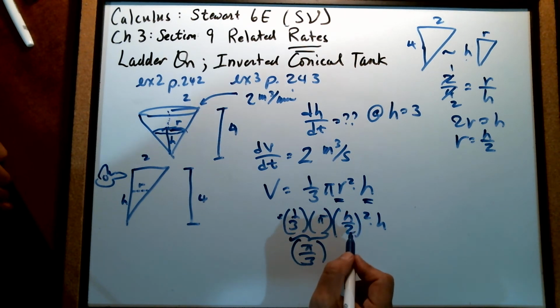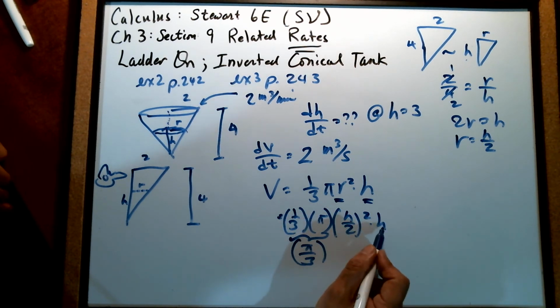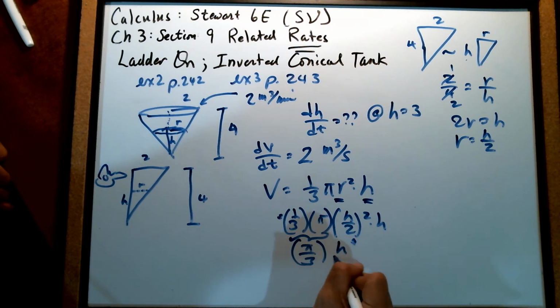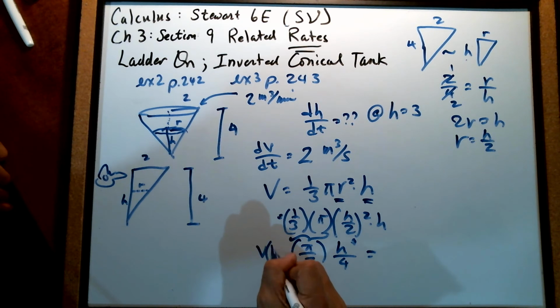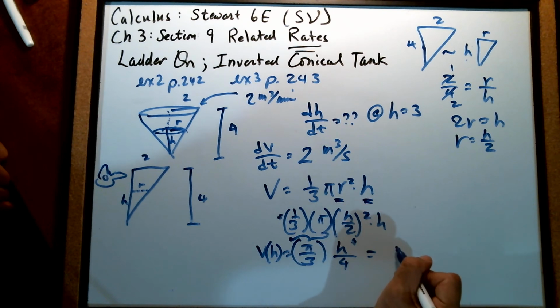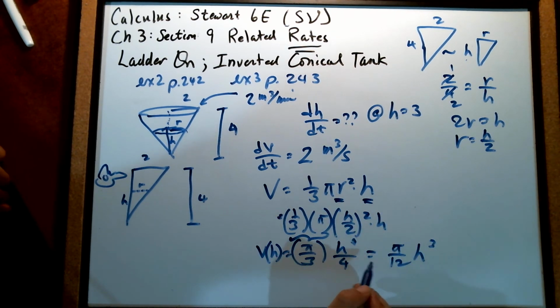If you distribute this out, make sure you get h over 4 times h is h cubed over 4. Simplify that. Volume as a function of h this time, only variable h involved, is pi over 12 times h cubed, because 4 times 3 is 12.